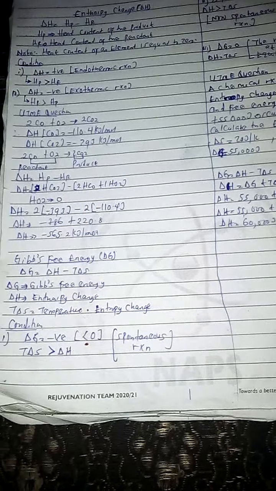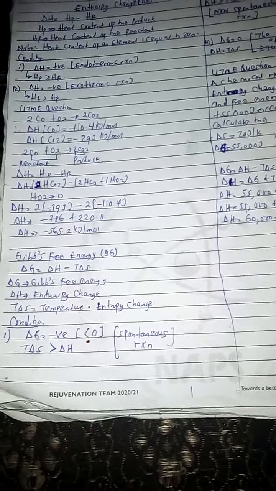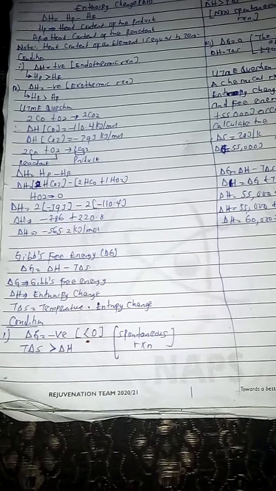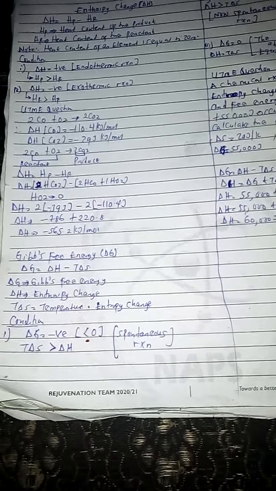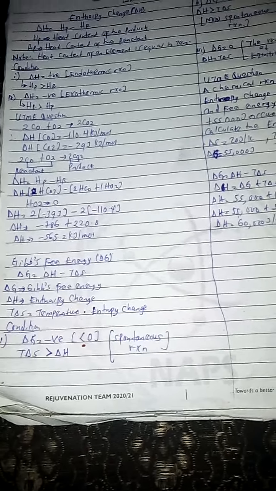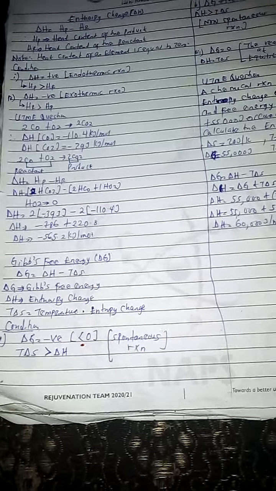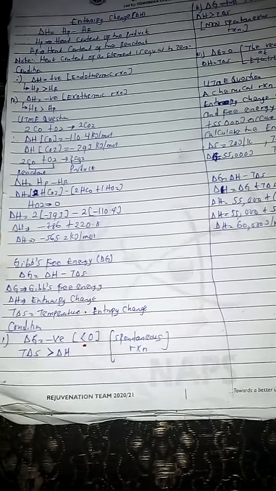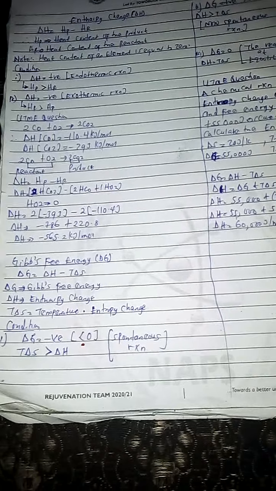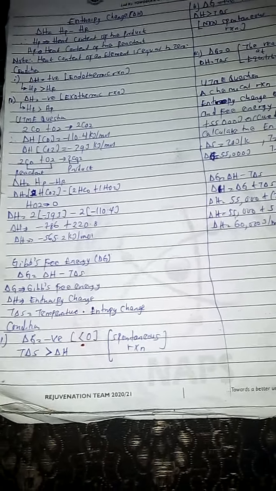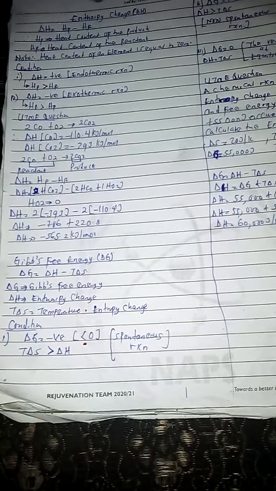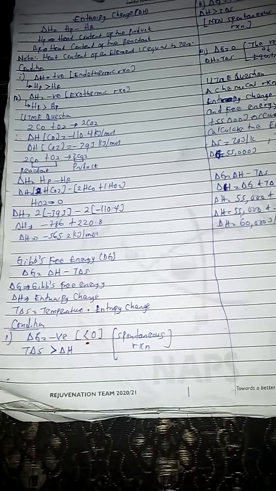So the enthalpy change will be equal to minus 2 times 393, that's minus 786, and minus times minus is plus, 2 times 110.4, that's 220.8. So the enthalpy change equals minus 565.2 kJ per mole. So that's the enthalpy change.